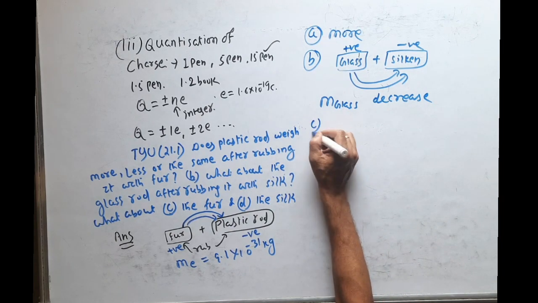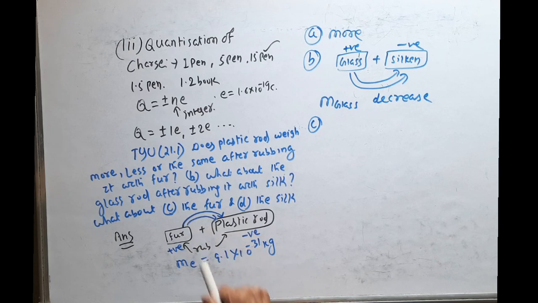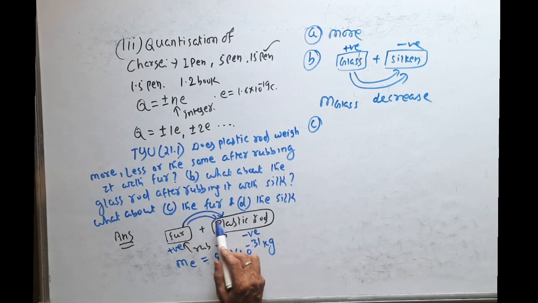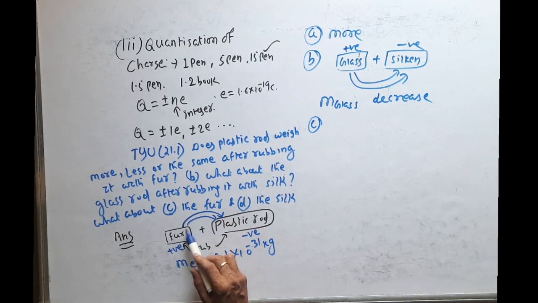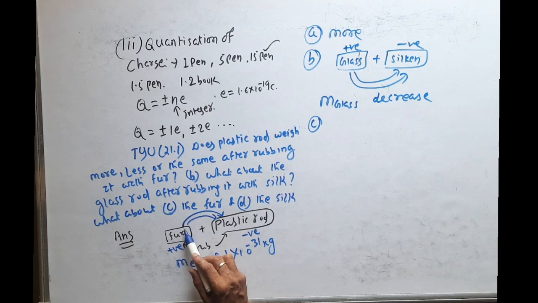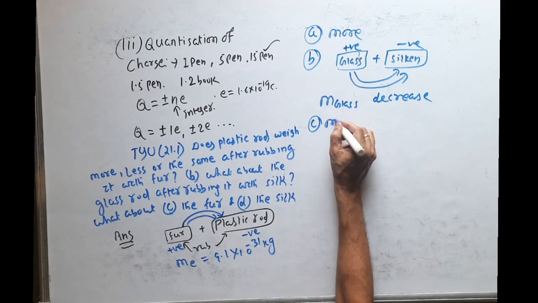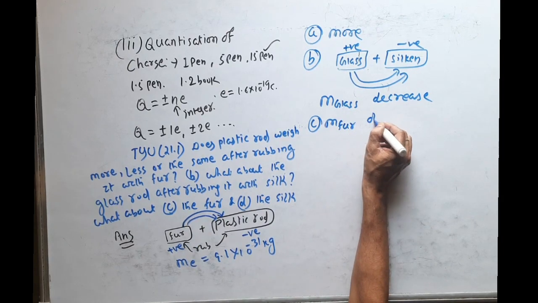Okay. Third question: what about the fur? In the case of fur and plastic rod, electrons are lost by the fur. That means there is a deficiency of electrons in the fur. That means the mass of the fur will decrease.